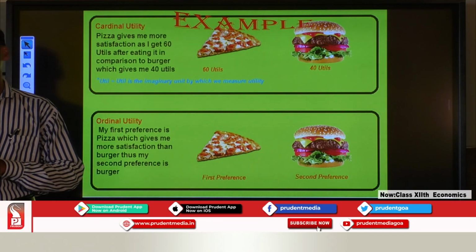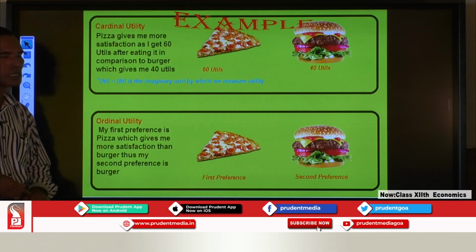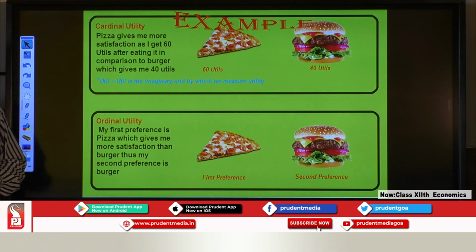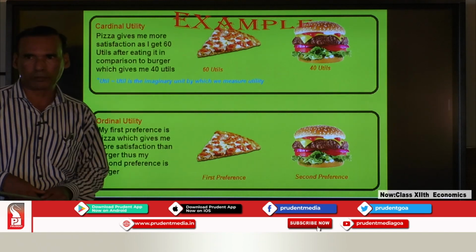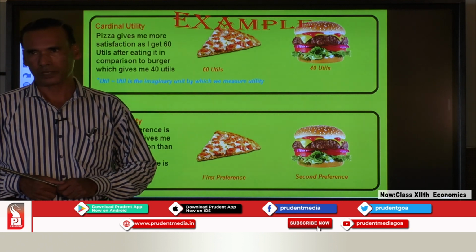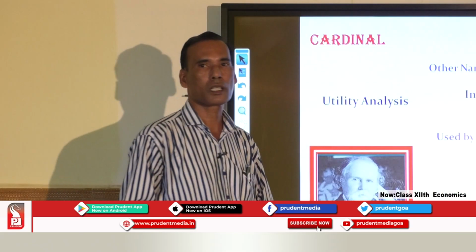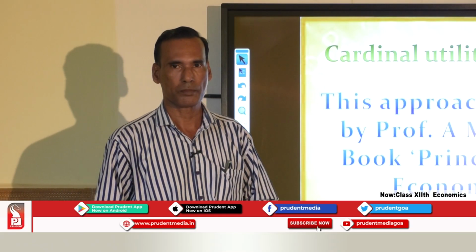Utils means the unit for measurement of utility. So by consuming pizza, it gives me satisfaction of 60 utils, whereas a burger gives me 40 utils of satisfaction. This we measure in the case of cardinal utility.